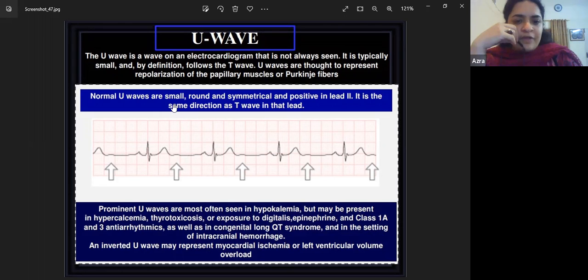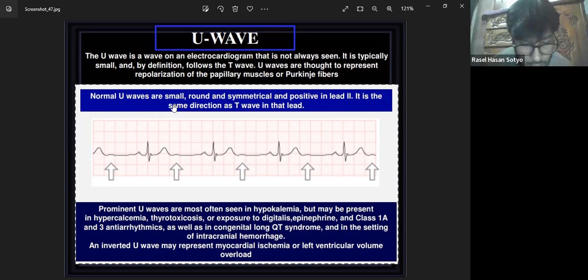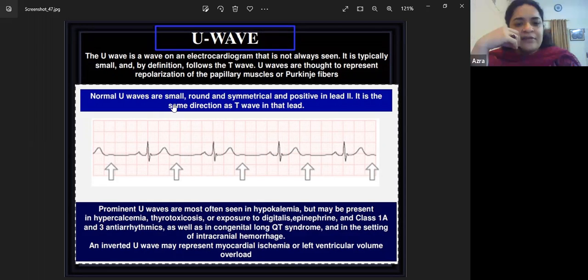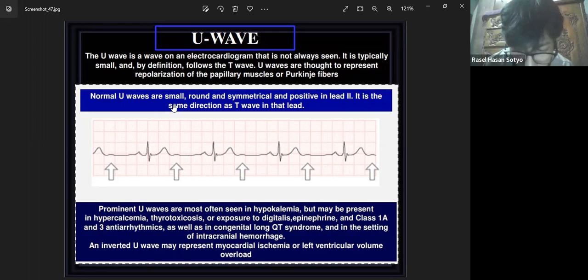Prominent U waves are most often seen in hypokalemia, but may be present in hypercalcemia also, and thyrotoxicosis, and exposure to digitalis, epinephrine, and class 1A and class 3 anti-arrhythmics, as well as in congenital long QT syndrome. So these are the diseases discussed here where U waves are mostly seen, but it is rarely seen in patients.